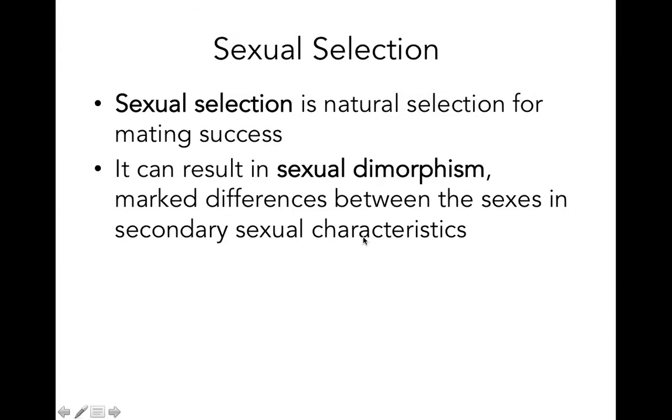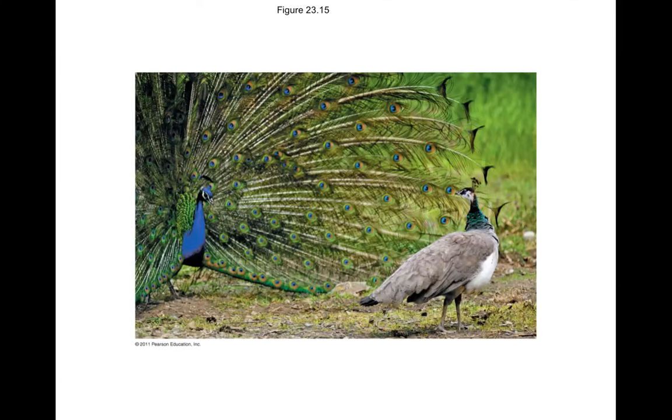We can easily recognize who is a male and who is a female within a certain species. Peacocks are a stunning example of this. Here we've got a peacock with his brilliant bluish plumage around his head and neck, and then this big spray of brightly colored, gaudy feathers that are all there for him to attract the attention of this peahen over here, who's much less gaudy in appearance, more of a dun color to her.